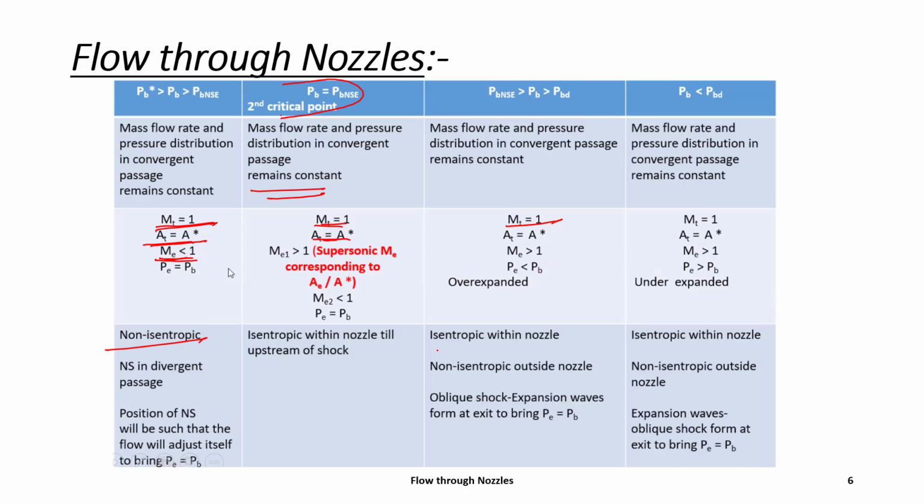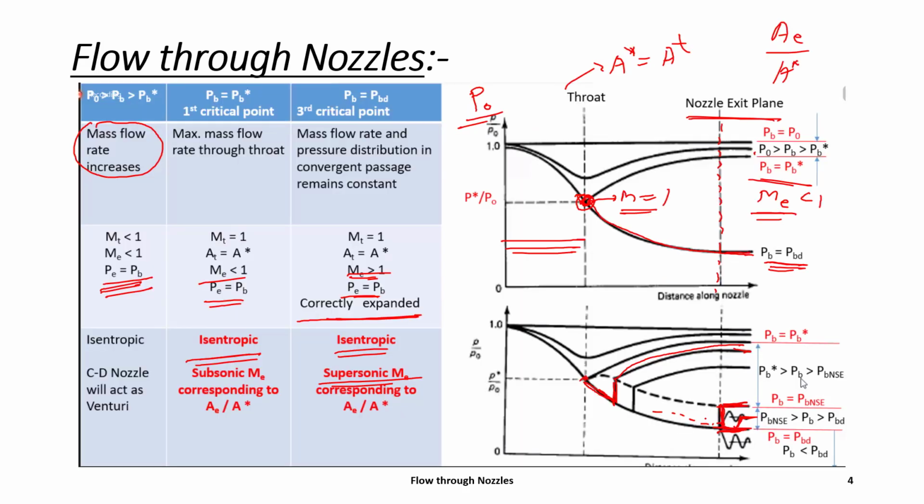So flow is isentropic in the nozzle and non-isentropic outside the nozzle. And this condition is called overexpanded because at the exit the pressure is less than the back pressure. Now if we reduce pressure further than this third critical point, then it is called underexpanded, because we have to reduce more pressure after this exit pressure.